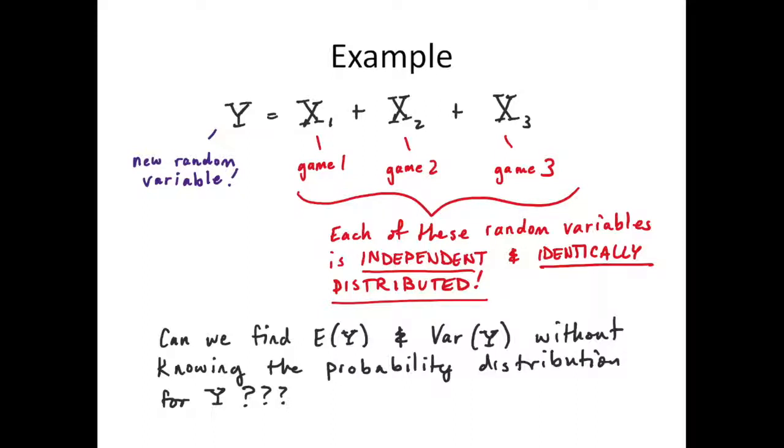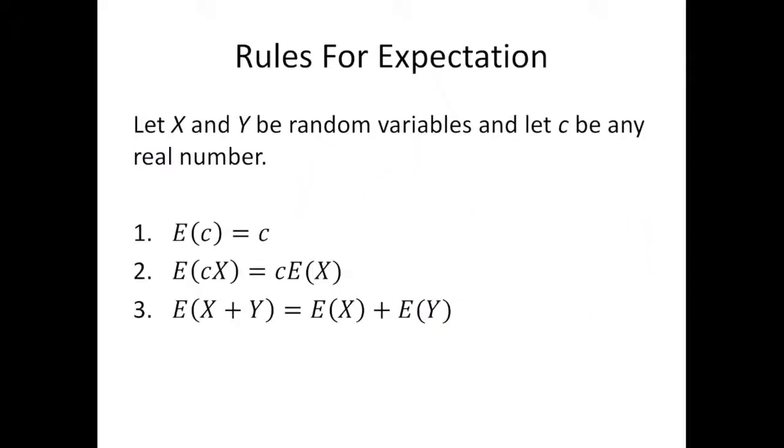So it turns out there are some nice rules for manipulating expectations and variances. If we let x and y be any random variables and let c be a constant real number, the first rule is the expected value of a constant is simply that constant.